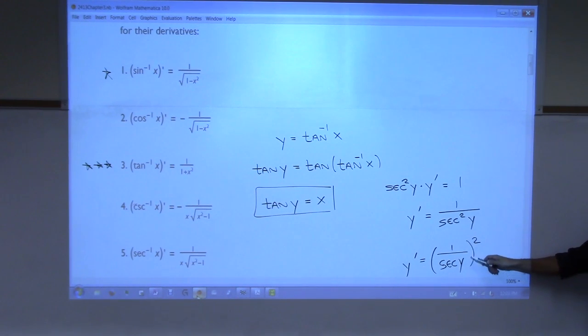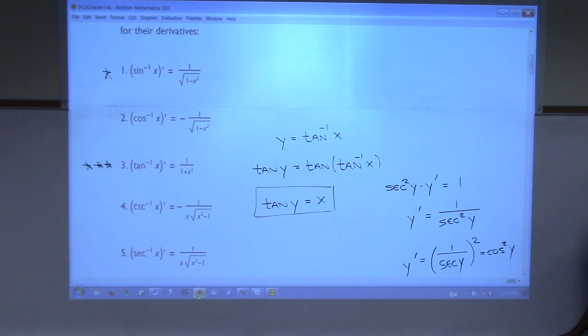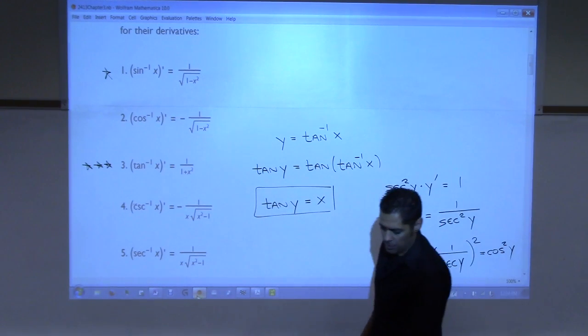What's 1 over secant? Cosine. So this is really just cosine squared y. y prime is cosine squared y. I need to know what cosine of y is, right? If I know what cosine of y is, I'm in business, and then I'll just square that answer.